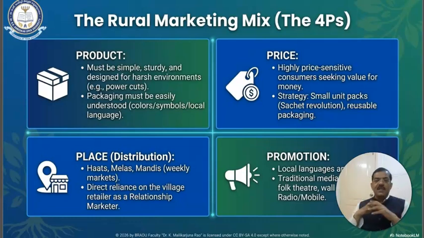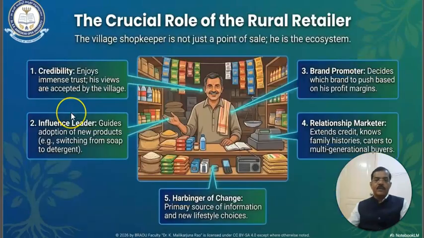The packaging must be easily understood, the colors, whatever the symbols, local language is required for the rural markets. In the case of the pricing, very low prices are required, friends.